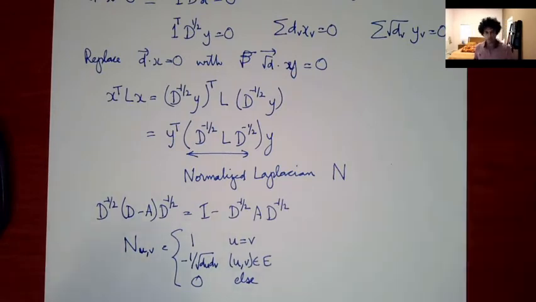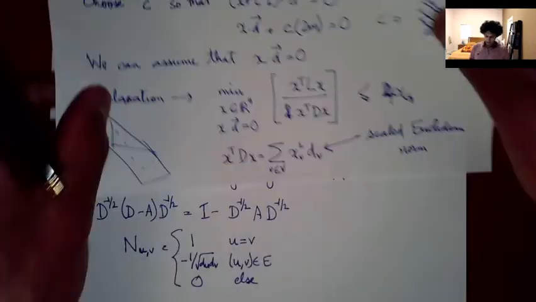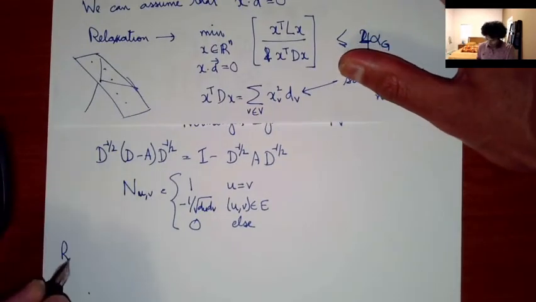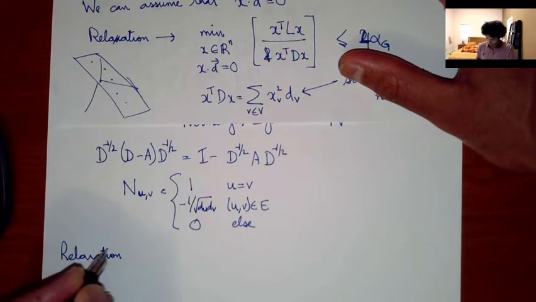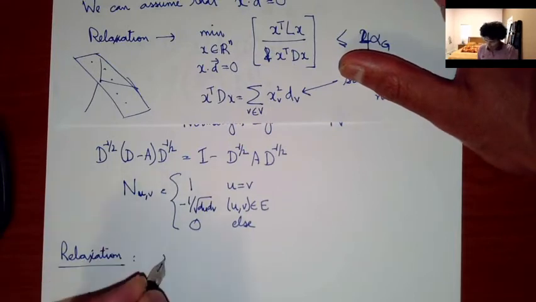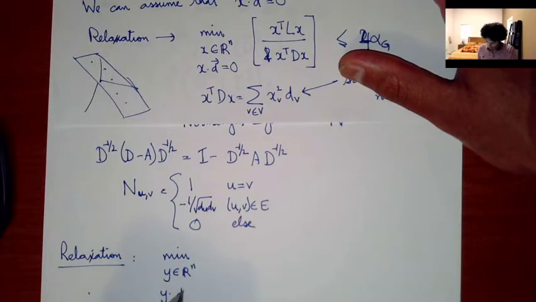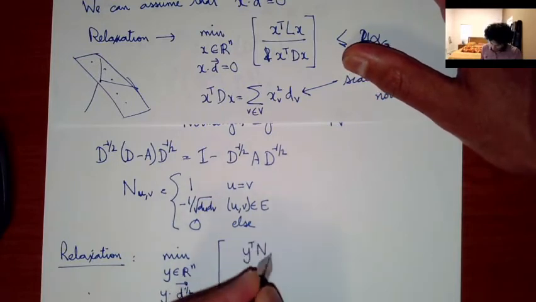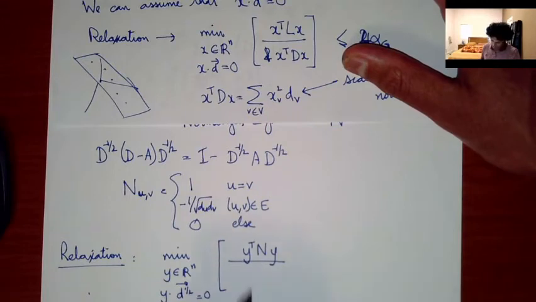Okay, before we get into the normalized Laplacian, I want to go back and write down all the conditions that we have over here. So the relaxation now becomes the min over all vectors y in R^n such that y dot root d is 0, of y transpose N y, the normalized Laplacian, divided by the Euclidean norm squared.